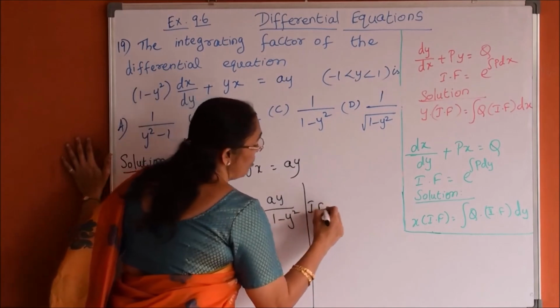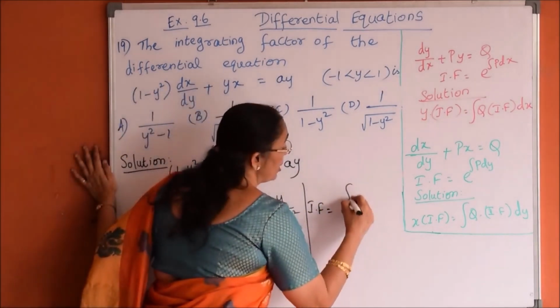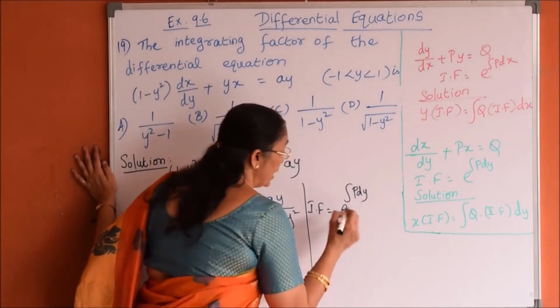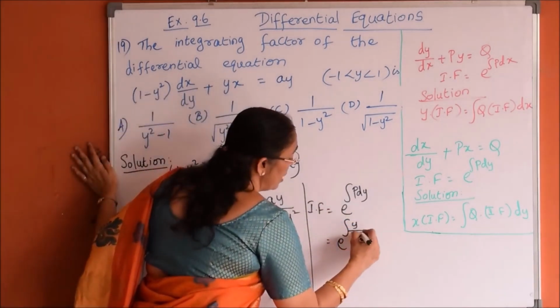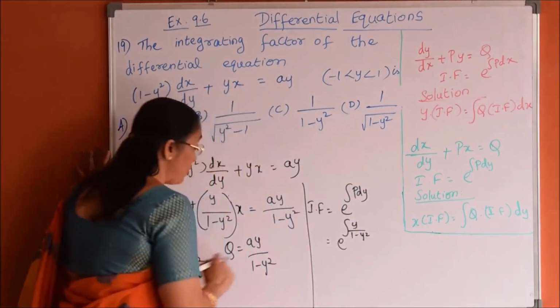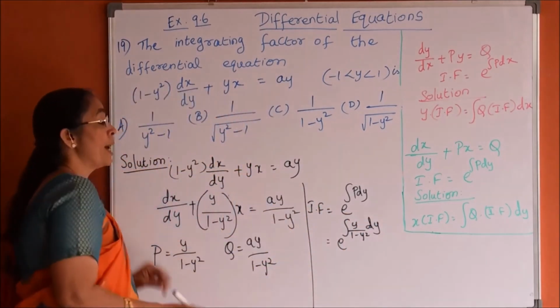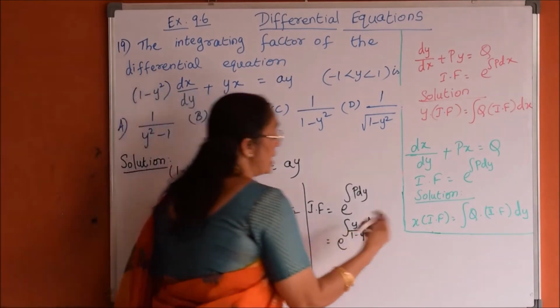For the second form of linear differential equation, the integrating factor is e to the power of integration of p dy. So, e power integration of the p function, y by 1 minus y square is my p function, into dy. Now, how can we integrate this part? Let me consider 1 minus y square as t.